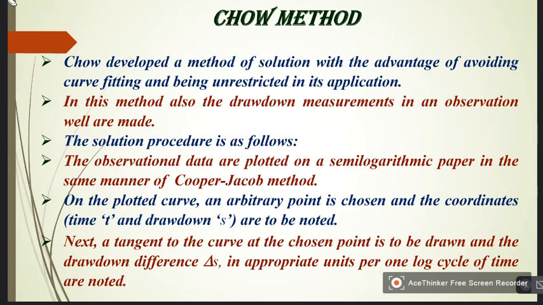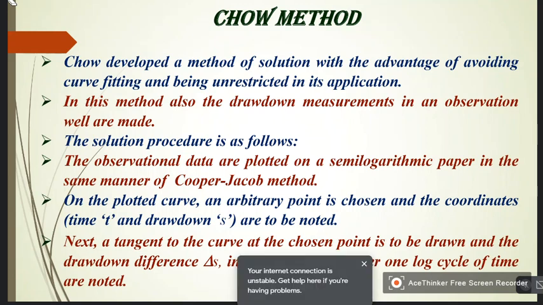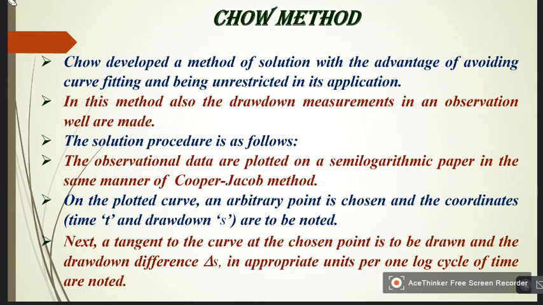The observational data are plotted on a semi-logarithmic paper in the same manner of Cooper and Jacob method. On the plotted curve, an arbitrary point is chosen and the coordinates, that is time and drawdown, S, are to be noted.